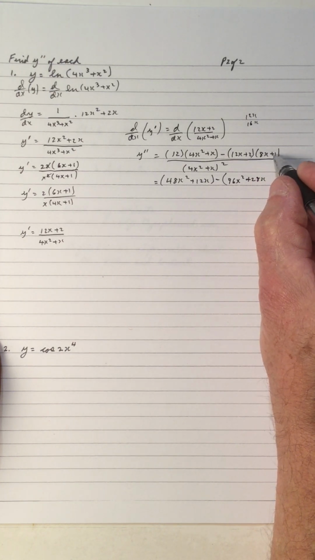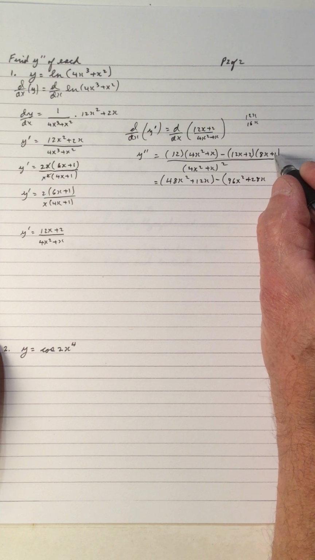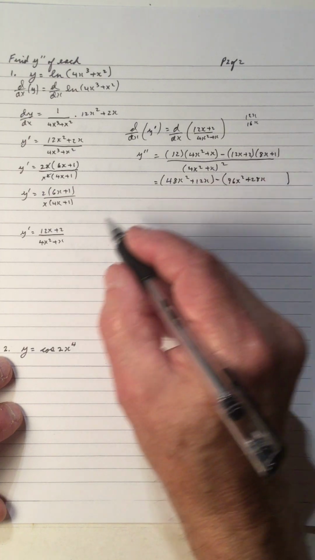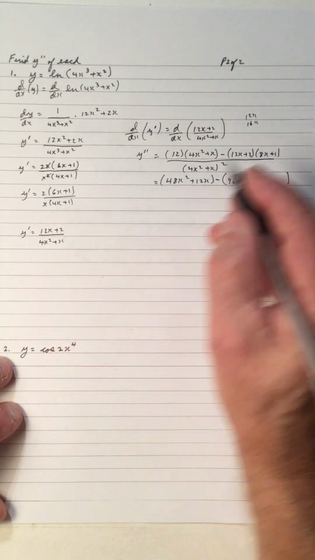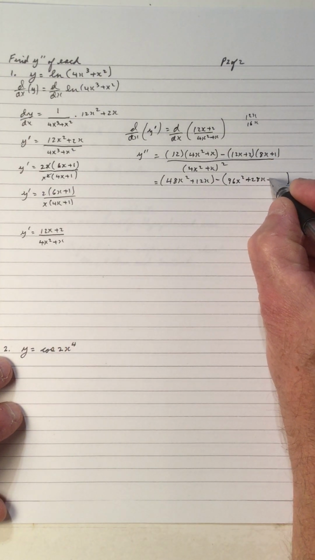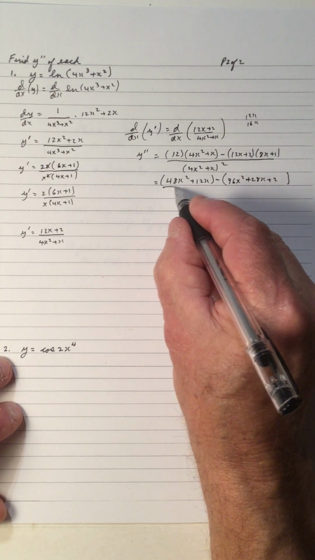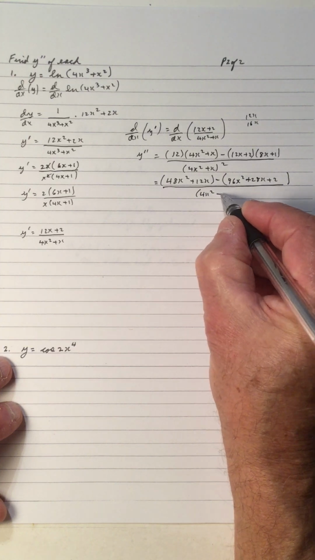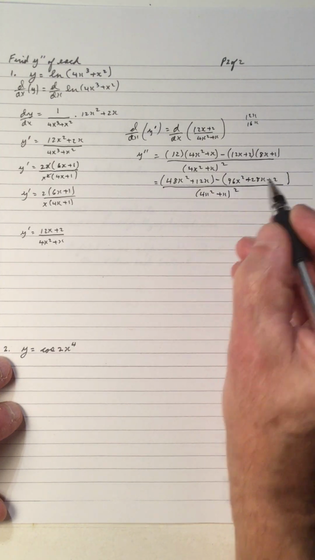And 2 times 1 is 2. So just to make sure, yep, everything is okay. I'm going to leave that like that: 2 all over 4x squared plus x, all squared.